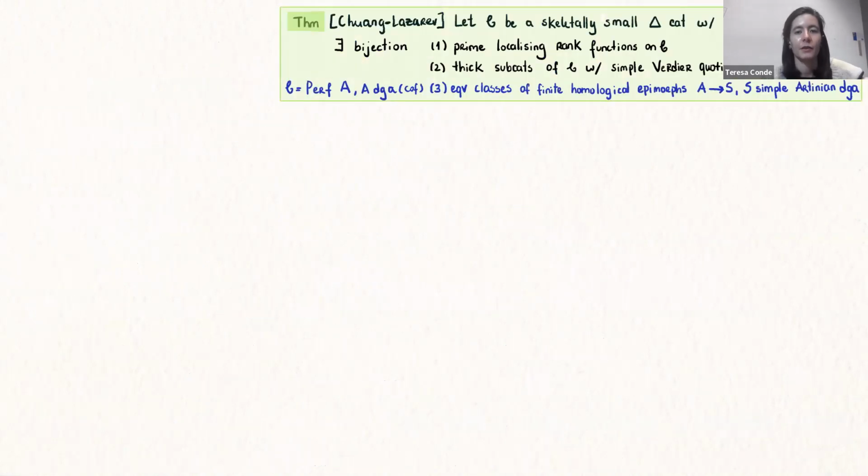Okay. Now, in the beginning, I said that towards the end, we were going to revisit the results of Chuang and Lazarev, and what we are going to try to do now is to state a more general version of it, but a version that still makes a connection between rank functions and localization theory of the triangulated category C, and not localization theory of the module category of C, as we have seen in the previous result.